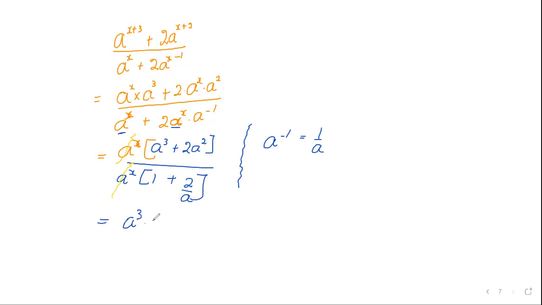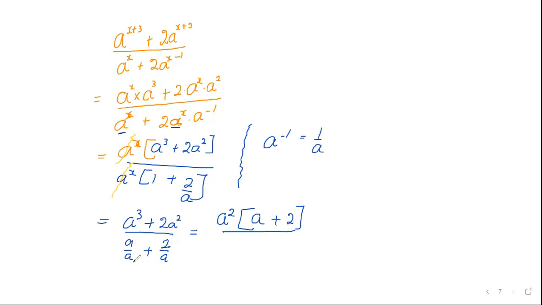I realize that I can still take 2a squared outside as a common factor. This is 1. I'm going to write my 1 as a over a, plus 2 over a because of this one here. So at the bottom one, I can add. On the top one, I can take a squared out. I remain with a plus 2.